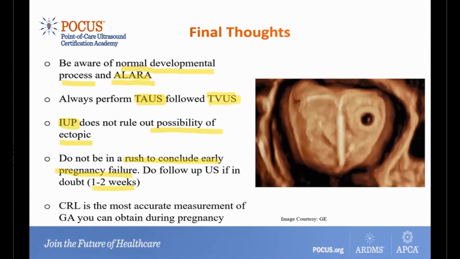The crown rump length is the most accurate measurement of gestational age that you can obtain during pregnancy. It is so important because sometimes the fetus is not growing well, and there is intrauterine growth retardation, or the limbs are short, or something could go wrong. Towards the end of the third trimester, you want to decide about delivering or performing a C-section.